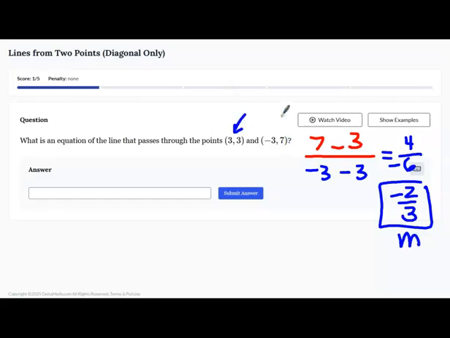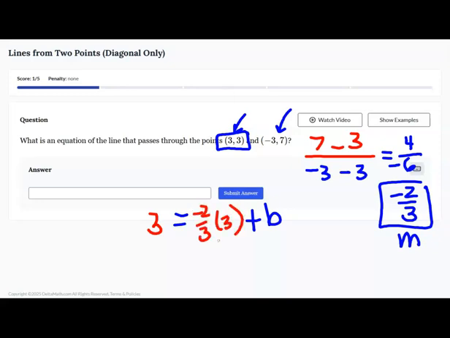You can choose this one, or you can choose that one. I'm going to choose this one. So I go back to my original outline, y equals mx plus b, and I erase 3 letters. I erase the y, I erase the m, I erase the x. The y is 3, the slope is negative 2/3, and the x is also 3.